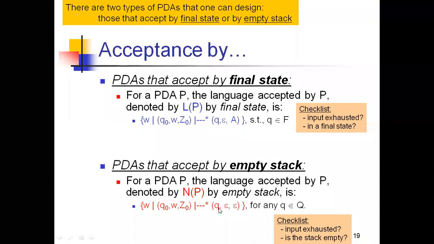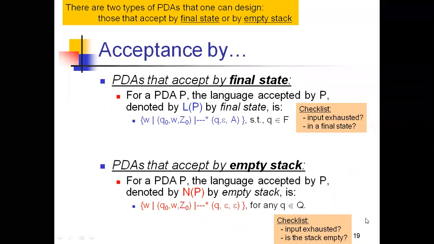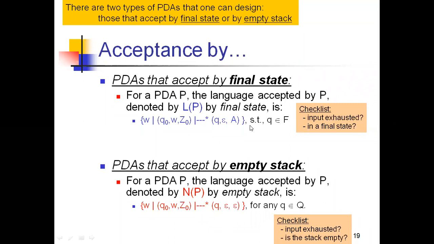Only you should have a state, the remaining all should get epsilon, for any q that belongs to Q. That is, q is nothing but a new state that belongs to the set of states. So here also what the checklist is: the input is exhausted, and finally is the stack empty. These are the two things that we need to do here.